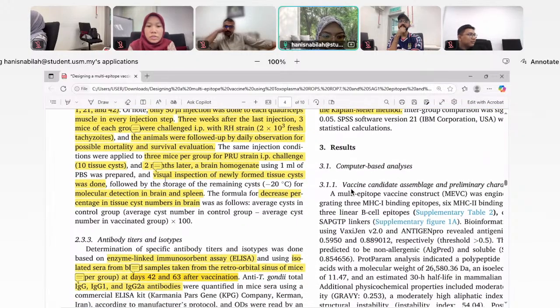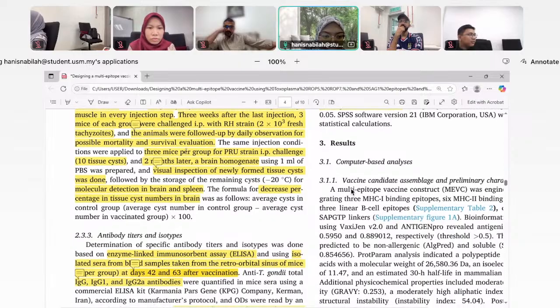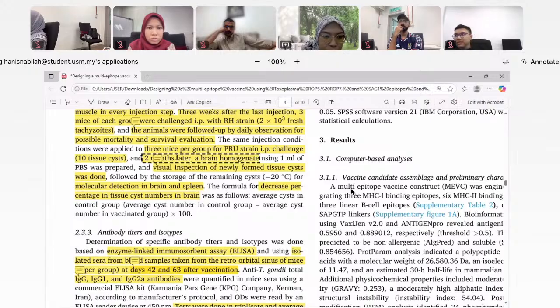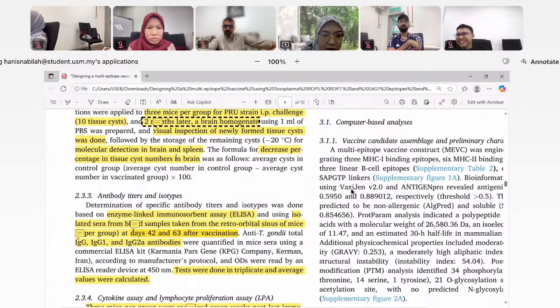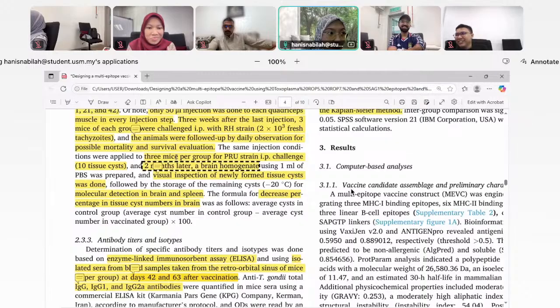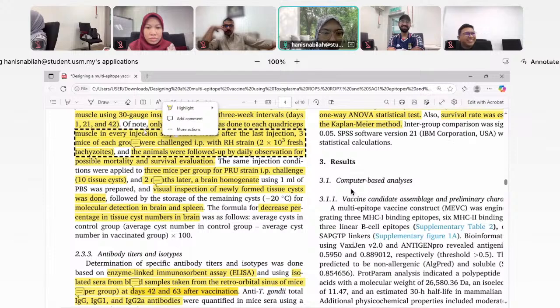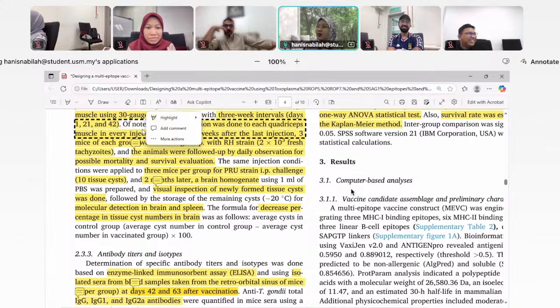Why not just shoot one side? I don't know, maybe it's easier to deliver the vaccine.